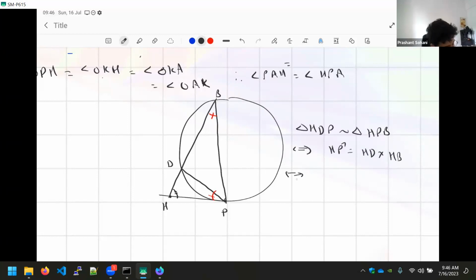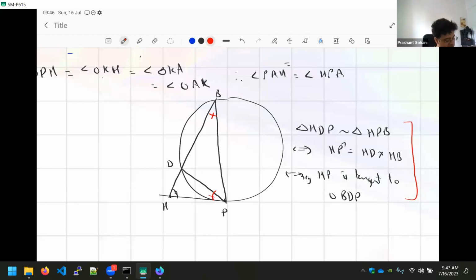And it is also the same as saying that segment HP is a tangent to this circle which we have drawn. So just keep this in your mind all the time, that all these are equivalent. If you have one of these occurring, we can immediately use the other properties. This is a very standard pattern that comes up all the time.